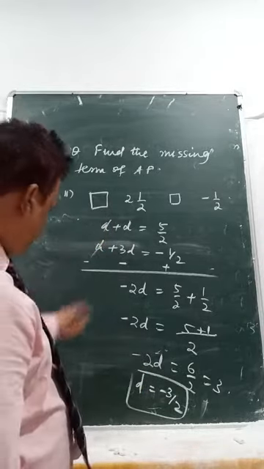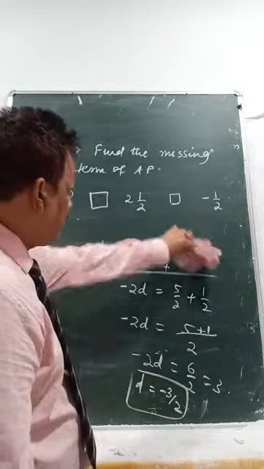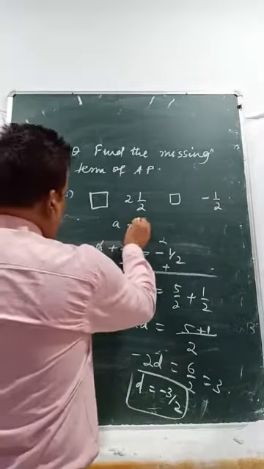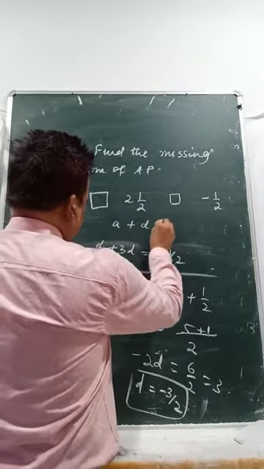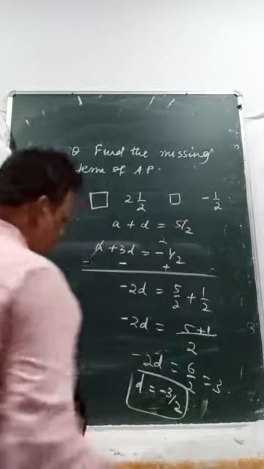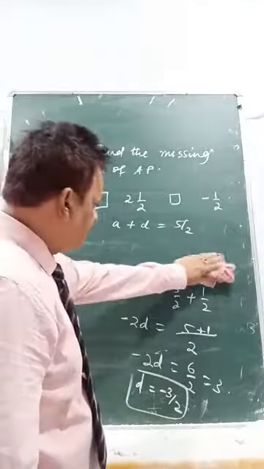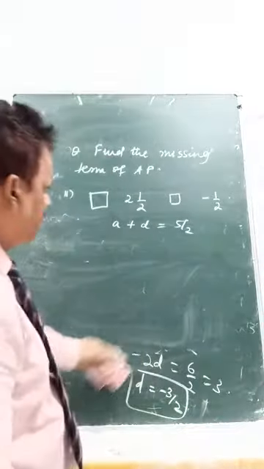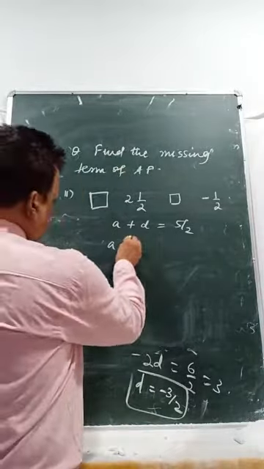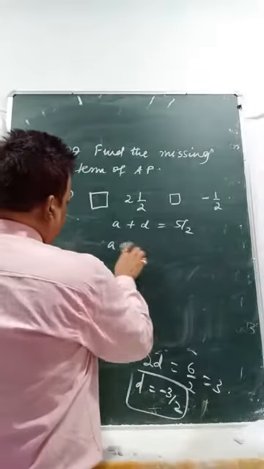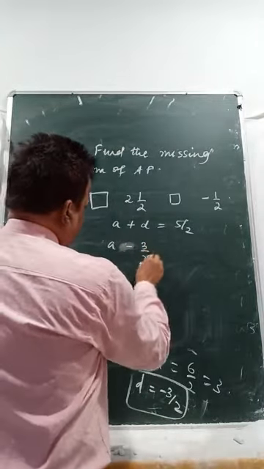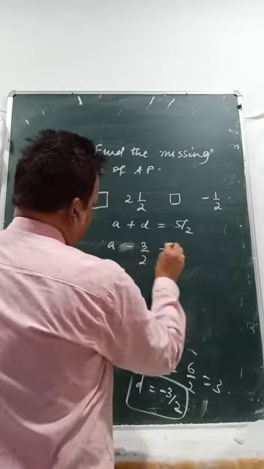Now you can find A. A plus D equals 5 by 2. Put the value of D: A plus minus 3 by 2 equals 5 by 2.